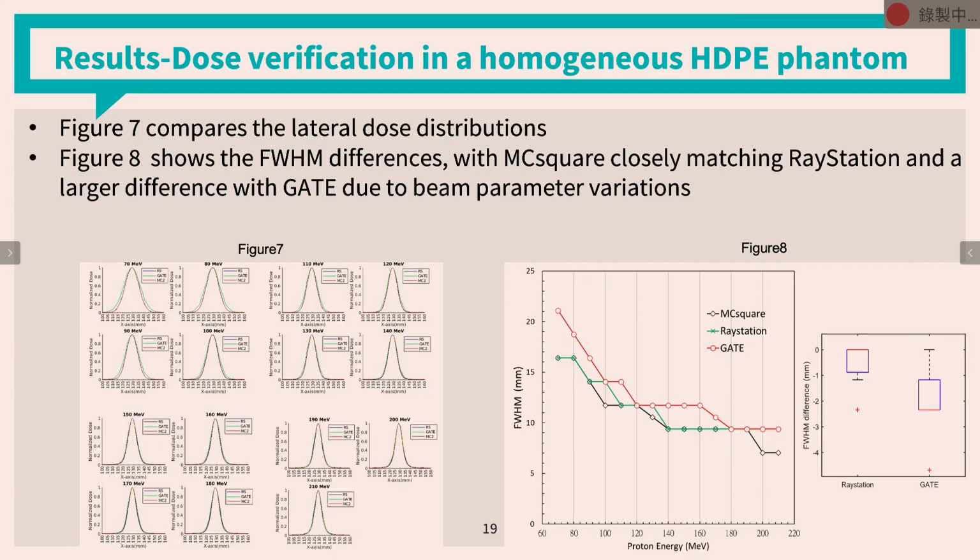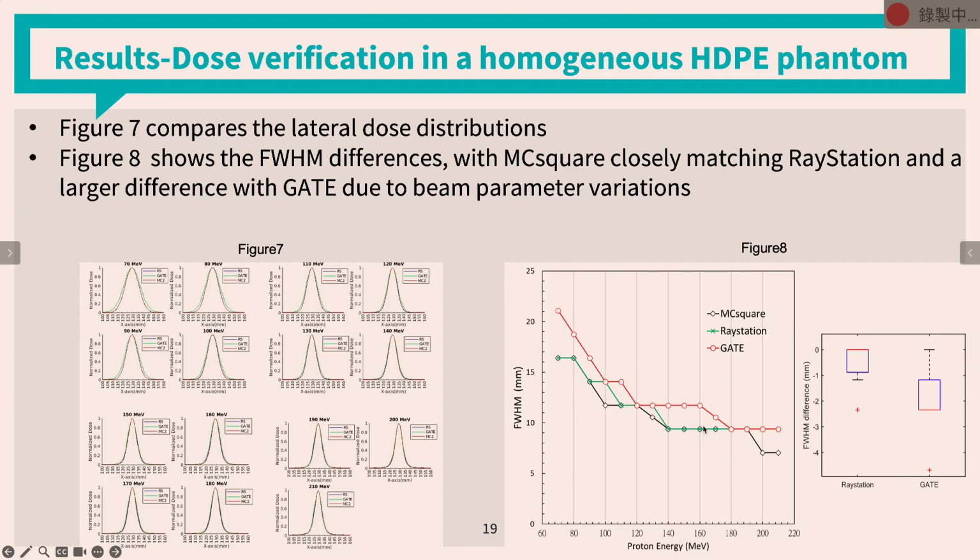The MC² median FWHM difference with RayStation is 0, while with GATE it is minus 2.3 millimeter. The large discrepancy with GATE is likely due to differences in beam parameters, and because GATE uses beam emittance in the simulations.